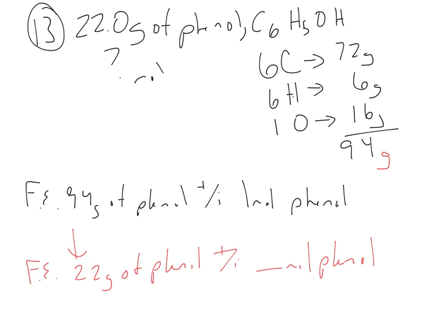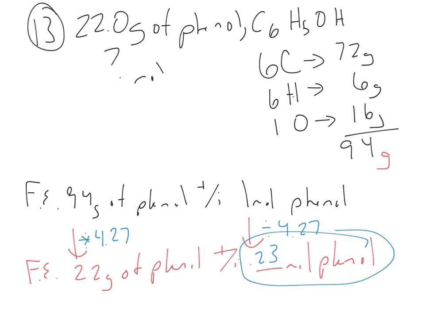So 94 to 22, this number is getting smaller from 94 to 22, so that means this must be a number less than 1. Okay? This is going to be divided by 4.27, about 4. And 1 divided by 4.27 is 0.23 moles of phenol.